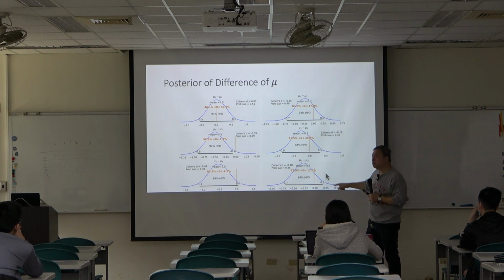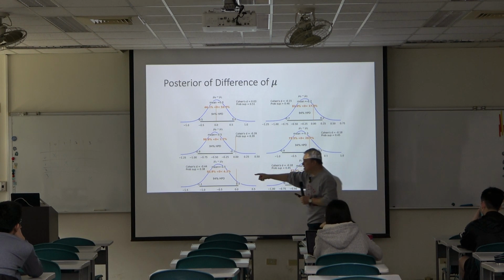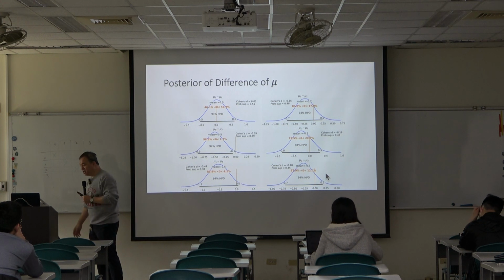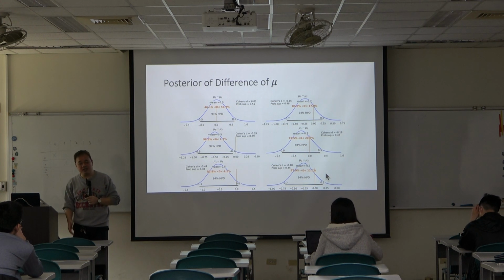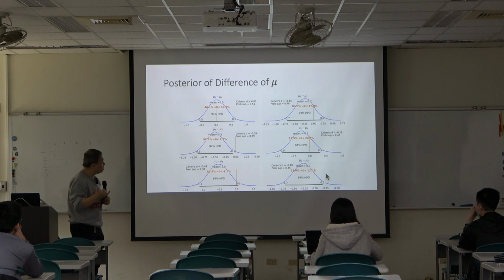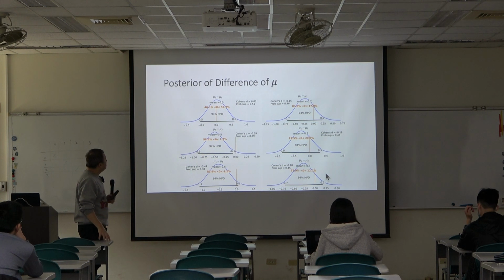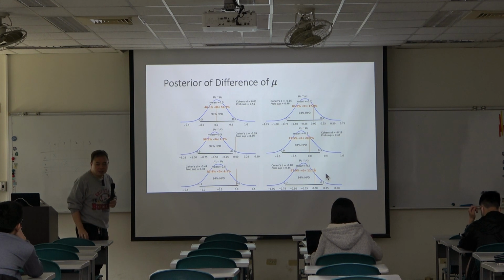That's good enough, because originally we have 16. Getting rid of the diagonal, we have 12, and we only need half of them, so we have 6.